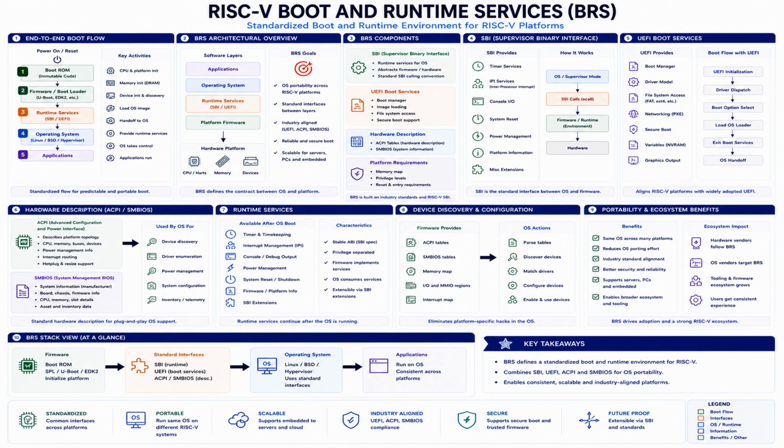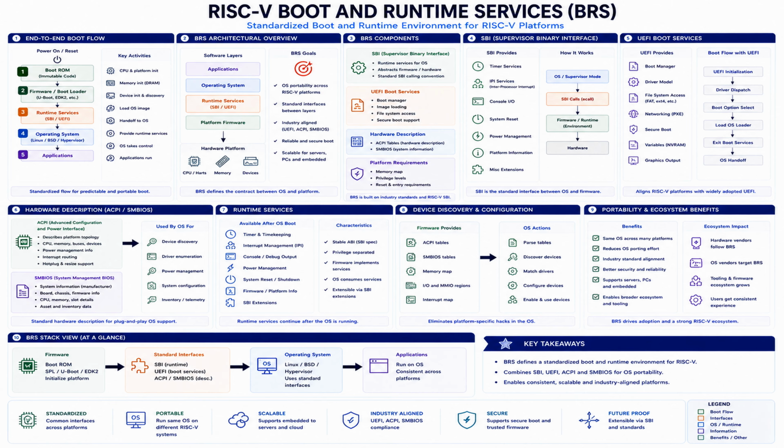By standardizing the interface at the runtime services level, a single OS binary can run on any compliant RISC-V platform without source changes. Each boundary is defined by a stable versioned specification, eliminating vendor-specific handshakes.